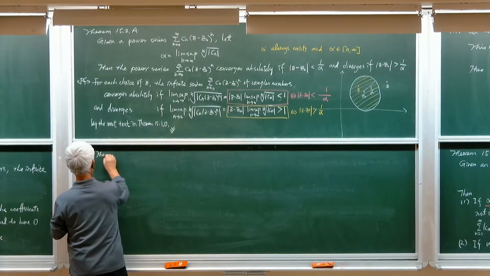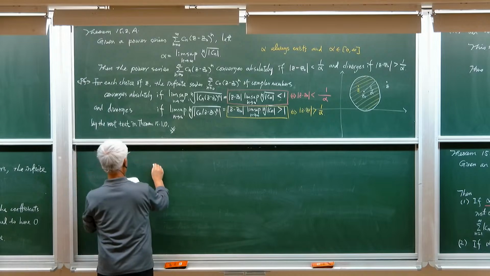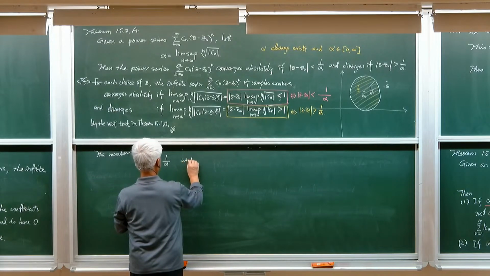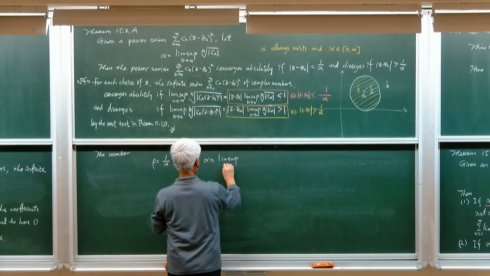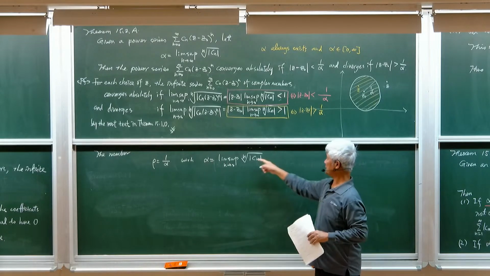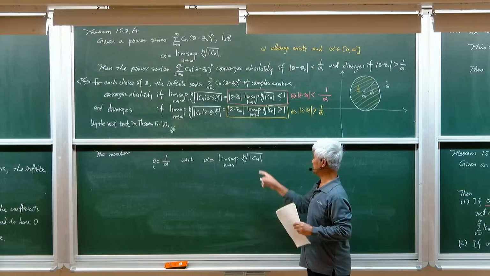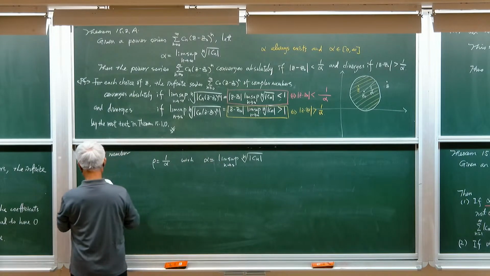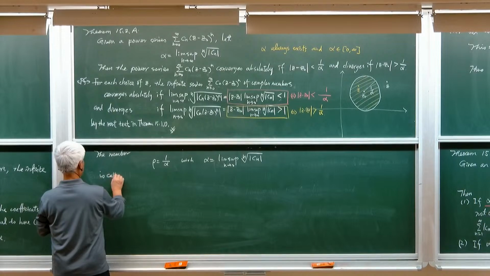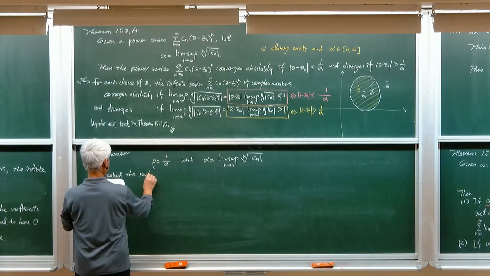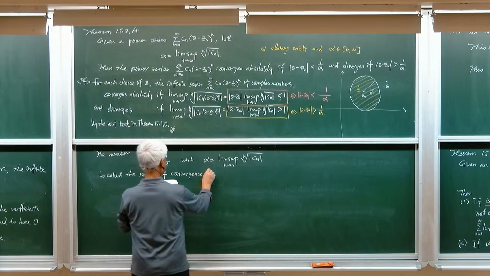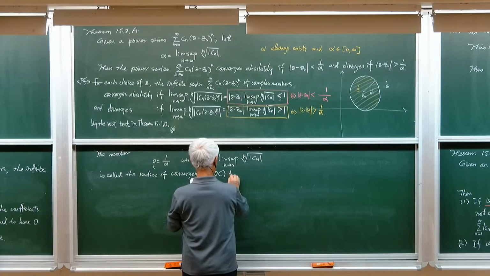So now the number rho equal to 1 over alpha, with alpha the lim sup of the nth root of the absolute value of the nth coefficients, this number is called the radius of convergence, called ROC, of the power series.